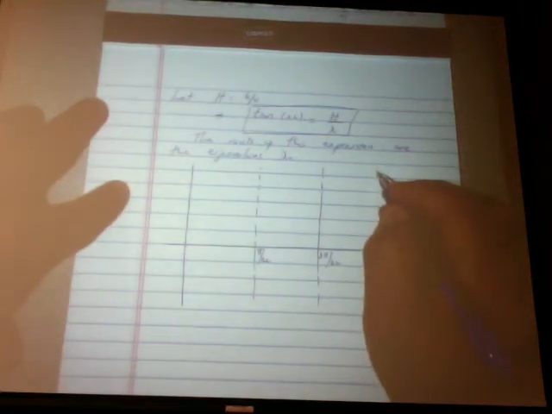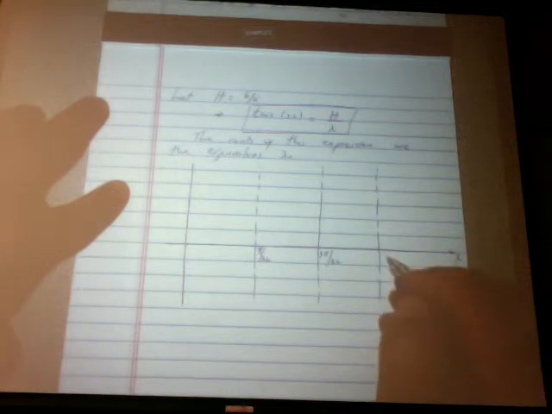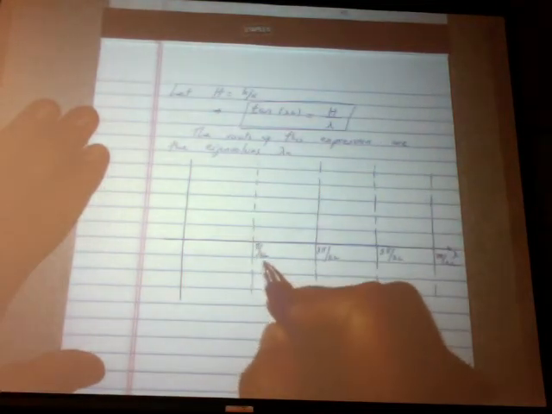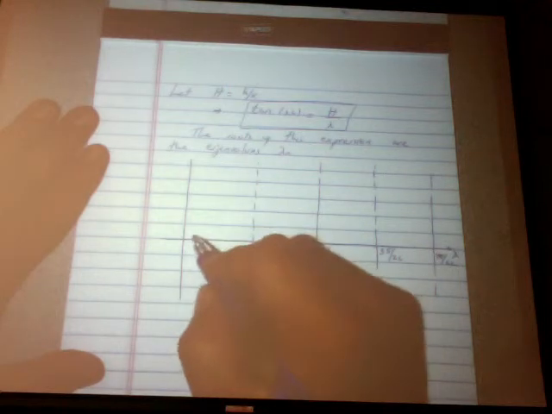We have 3 pi over 2L, 5 pi over 2L, and 7 pi over 2L. The tangent of 0 is equal to 0. And the tangent of pi over 2 is infinity, right?